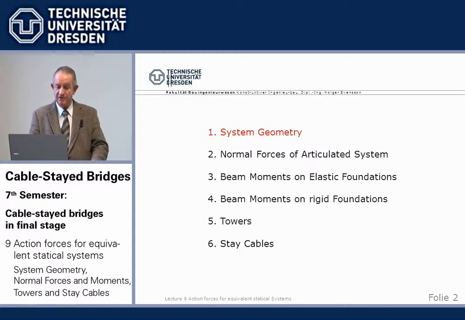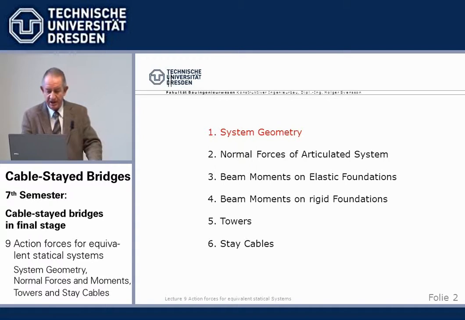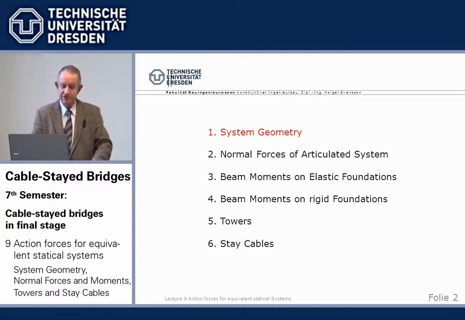And we will determine the permanent load moments on rigid foundations. You see here already 3 equivalent systems as an approximation, and I will show some basic moments for the towers, longitudinally and transversely, and for the stay cables.